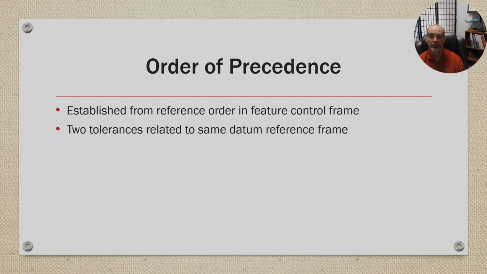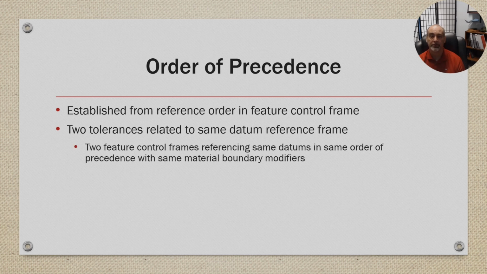And 2 tolerances are related to the same datum reference frame. Okay, there are 2 feature control frames that reference the same datums in the same order of precedence with the same material boundary modifiers. And it's the only time, and again, when I'm talking reference frames, that's different than the feature control frame.